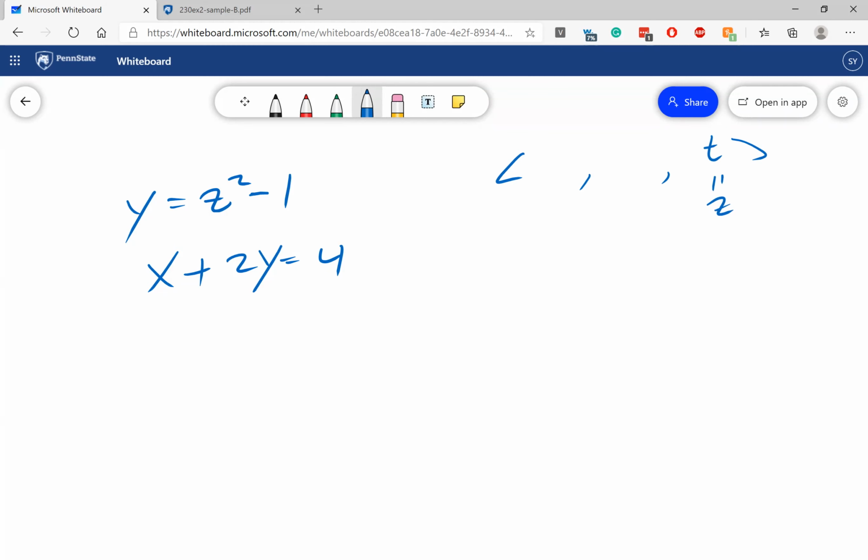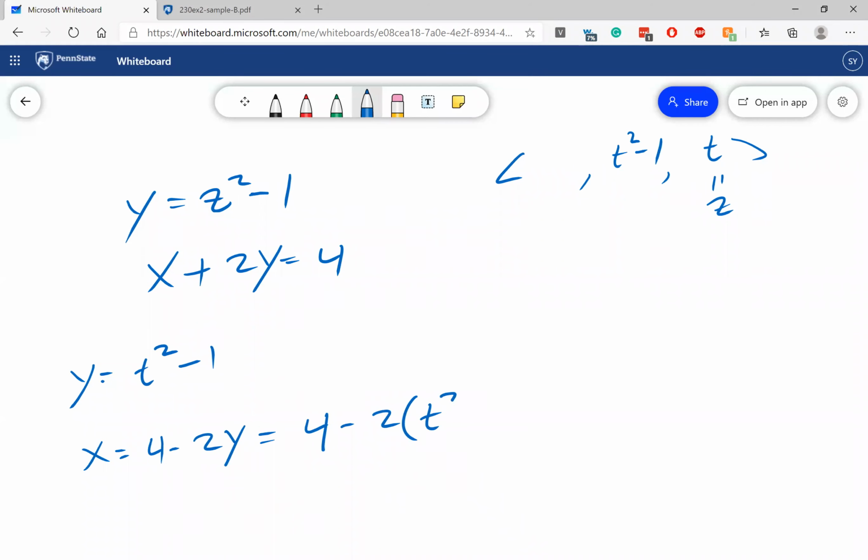Then y would be equal to t squared minus 1, and x is equal to 4 minus 2y, which would be 4 minus 2 times (t squared minus 1), which is equal to 6 minus 2t squared.